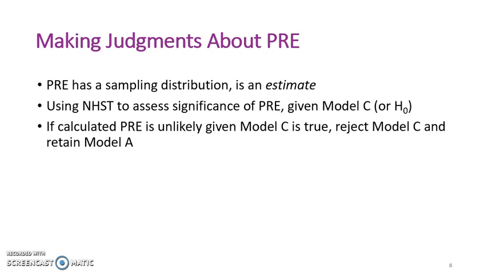So we are determining the likelihood of observing our calculated proportional reduction in error, given the null hypothesis is true. If we determine that the calculated proportional reduction in error is unlikely, given the null hypothesis, then we reject the null hypothesis model, that would be model C, and we retain the augmented model, model A. That's the model with the additional predictors.